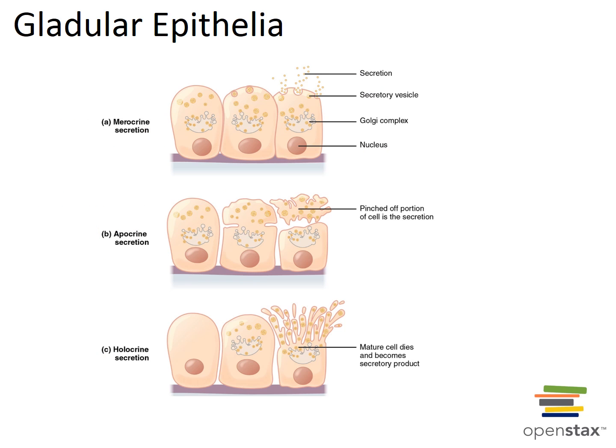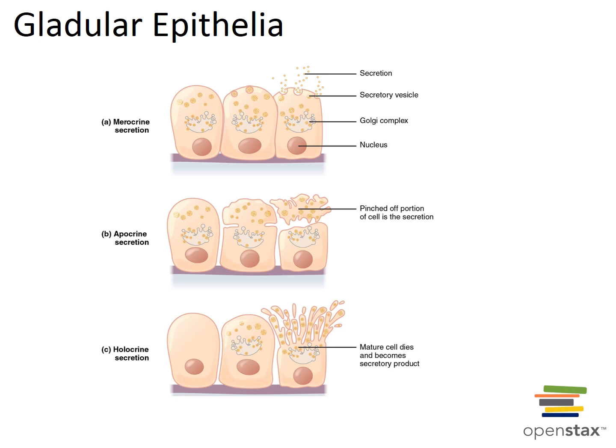So here are some examples of the different types of glandular epithelium and the modes of secretions that we just discussed. And you can see whether it's a small portion pinched off via a secretory vesicle, or a portion, or the whole cell ruptures and dies.